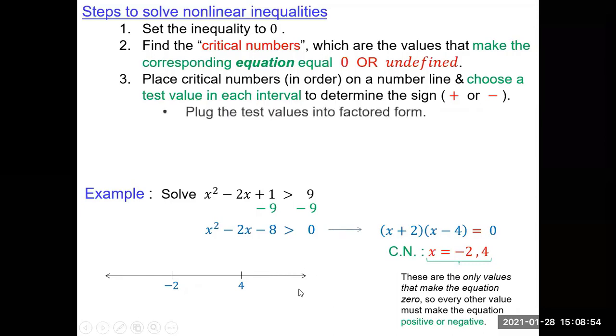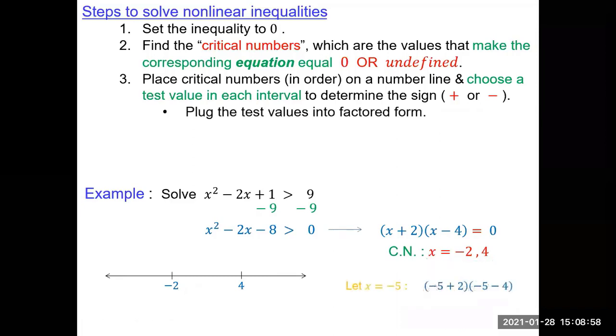So if we were to choose some random x coordinate that's before negative 2, perhaps we choose negative 5, the best thing to do is to plug that x value into the factored form of our equation, not in the original form that's unfactored. The reason for this is if I plug in negative 5 to factored form, all I'm trying to figure out is whether or not this x value will give me a positive answer or a negative answer.